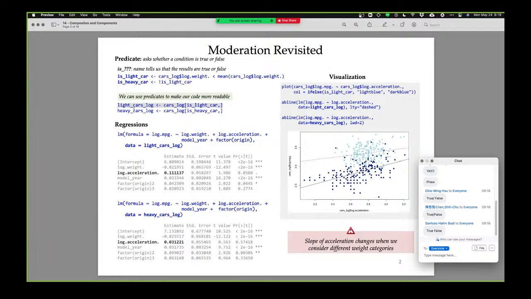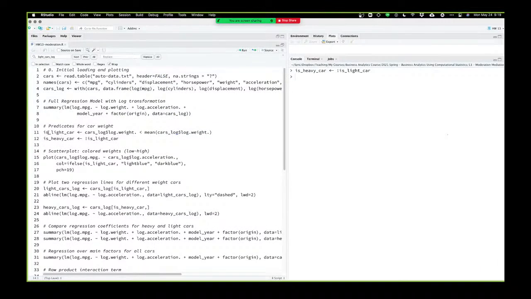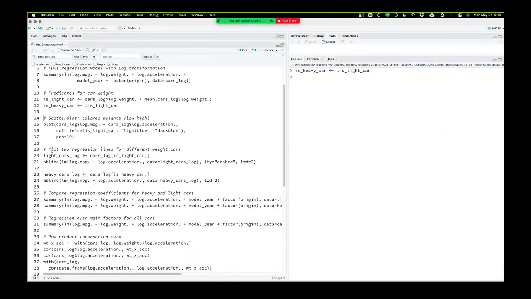I can simply say that light cars are just the cars where, with the rows in which is light car is true. All right. Here I'm looking for just the rows because that's what the comma does for me. So the first input into subsetting cars log gives me the rows. So this is one way I can just extract the light cars data sets.